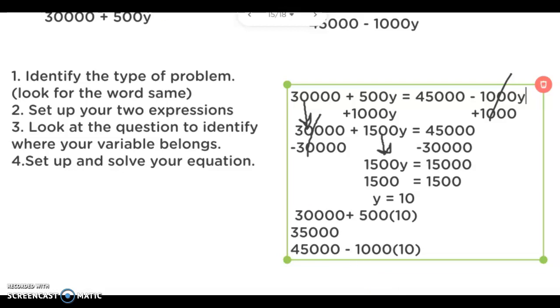Okay, 1,000 times 10 gives you 10,000. And 45,000 minus 10,000 is indeed 35,000. So if you follow that out and you check, the math checks out showing you that those two are the same once you plug 10 back into those two expressions. Again, you don't have to do that extra step, but that's literally what you're doing.